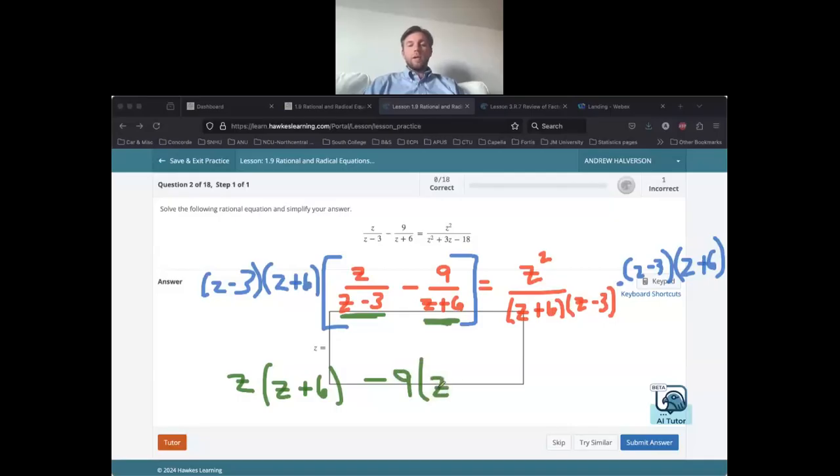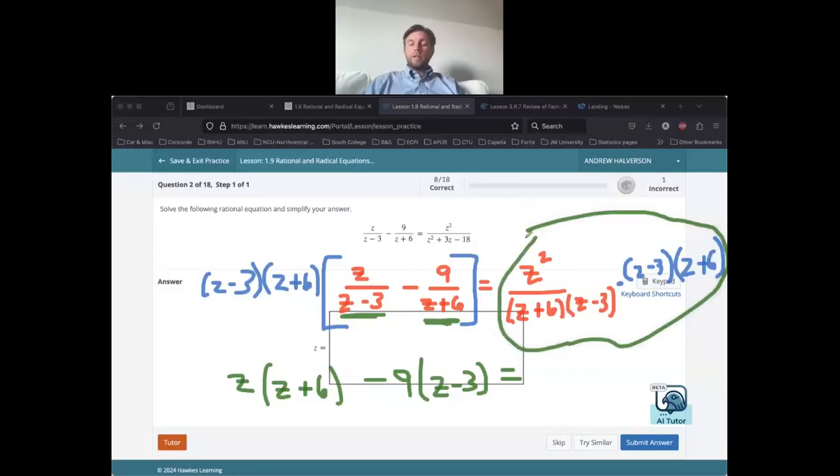A z minus 3. So essentially, whatever the denominator didn't have, that's what I'm going to multiply the numerator by. That's the missing factor. And then on the right side, let me get you all involved with this.